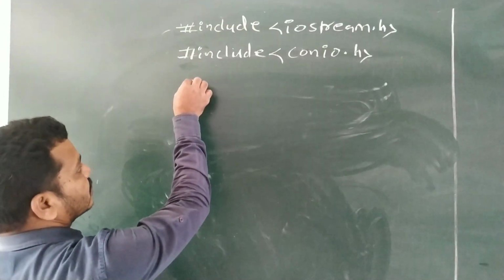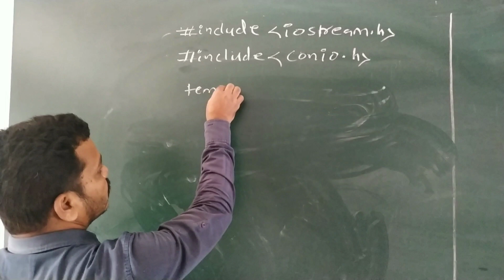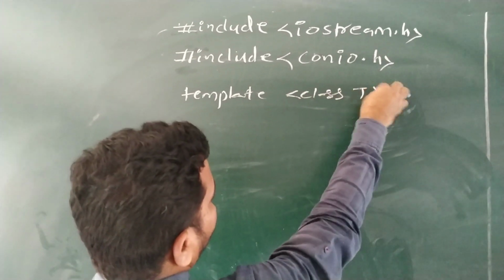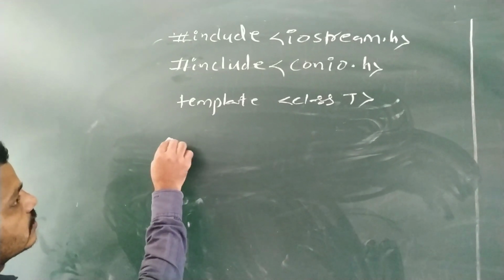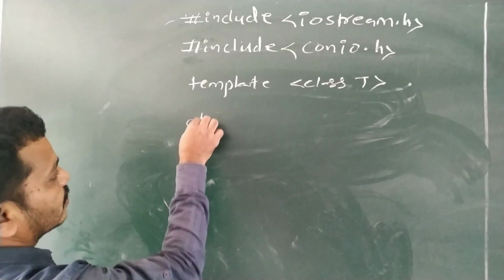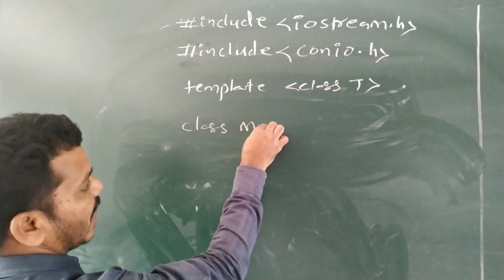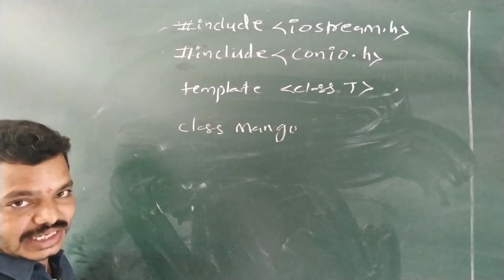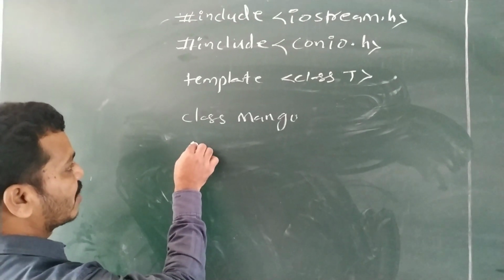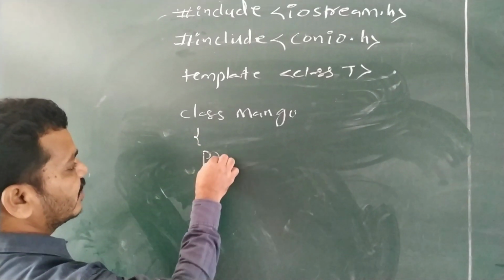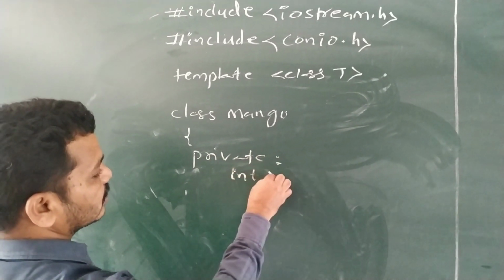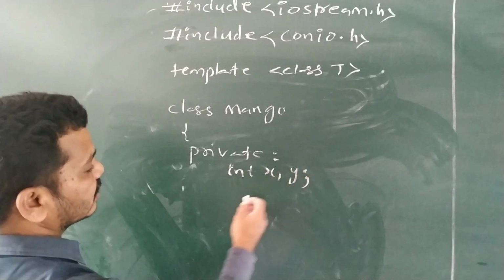Now we are going to write an example program for class templates. Template class T. Next, a normal class, class mango, as in the example program given in your printed material. Then private members: integer x, y.